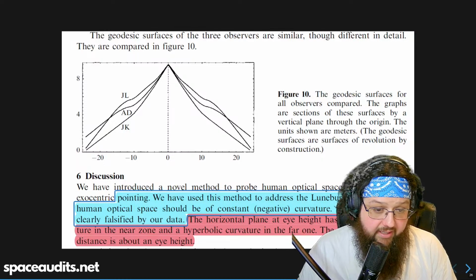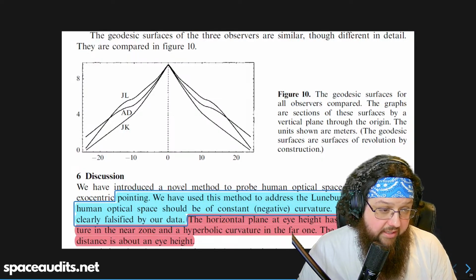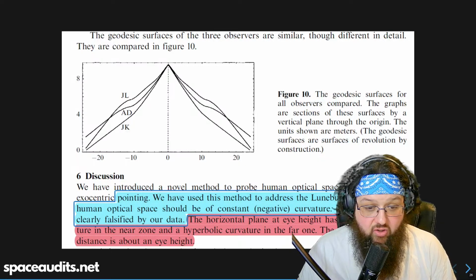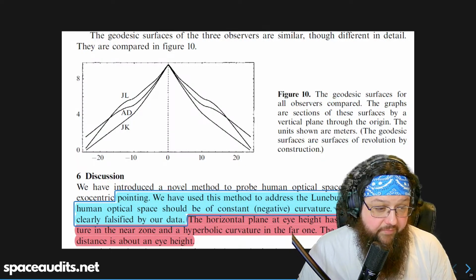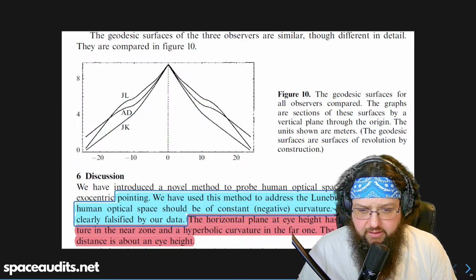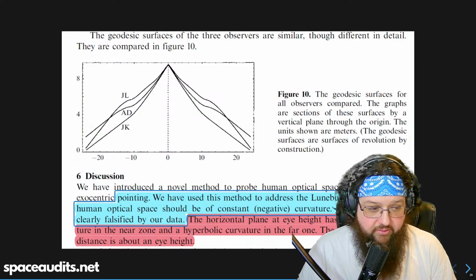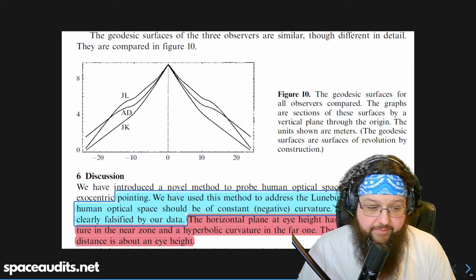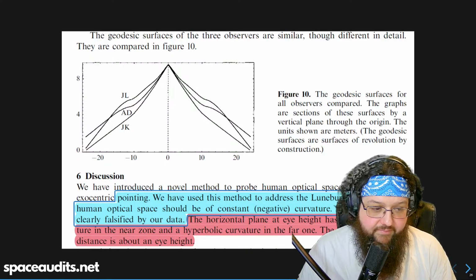The horizontal plane at eye height has an elliptic curvature in the near zone and hyperbolic in the far one. A neutral parabolic distance is about an eye height. Ooh, the old neutral parabolic. What do you think about that? So is he replacing the Euclidean portion with neutral parabolic and still keeping the super far field as hyperbolic?